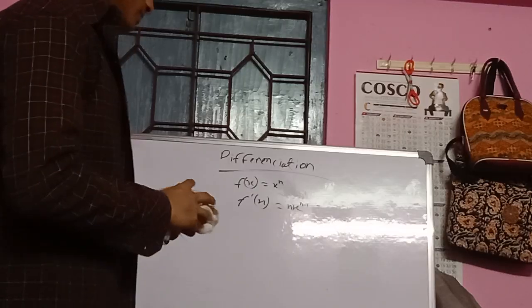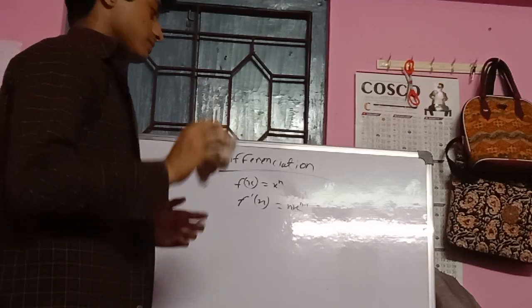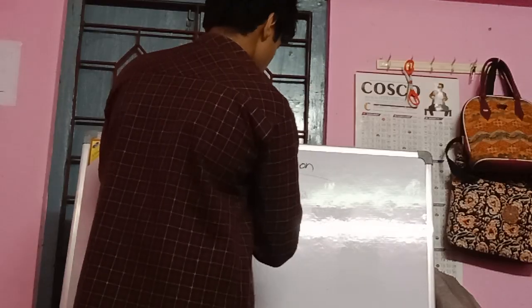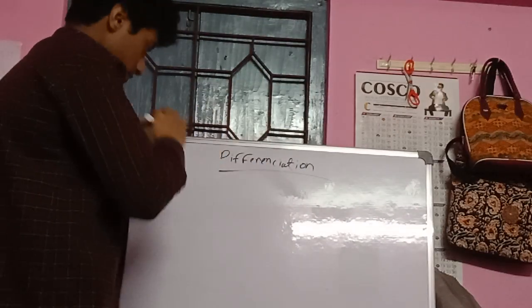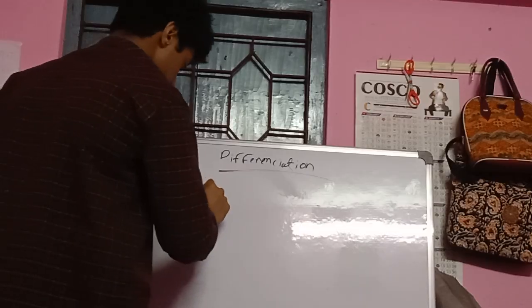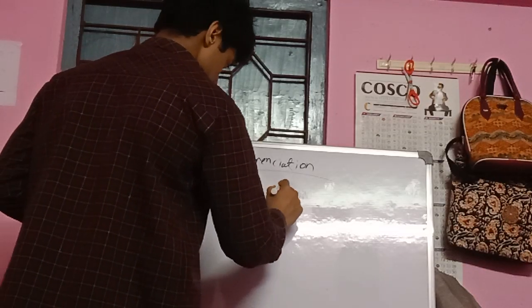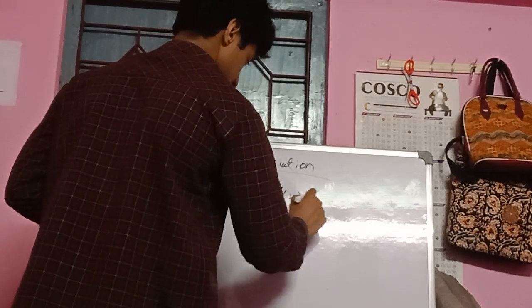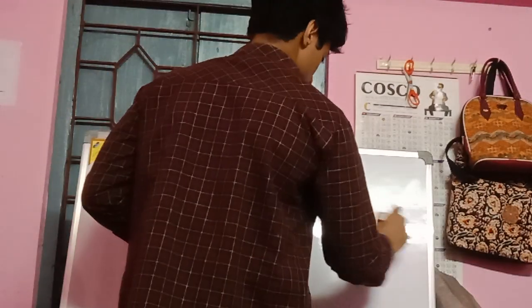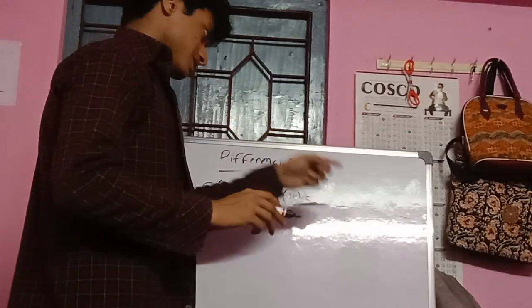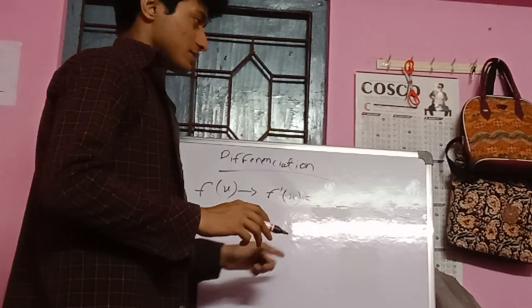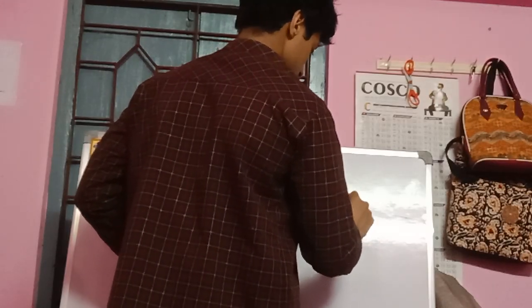Now, let's say we have a function that is not a polynomial, how would that look? Let's say you have a function f of x. F dash of x, how would that look? Rate of change is nothing but the difference of y coordinates divided by the difference of x coordinates.